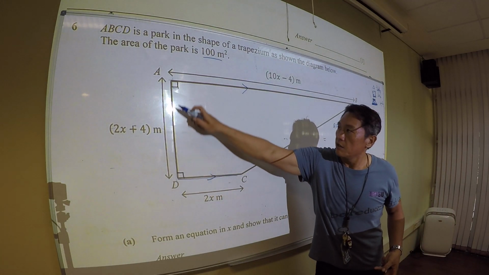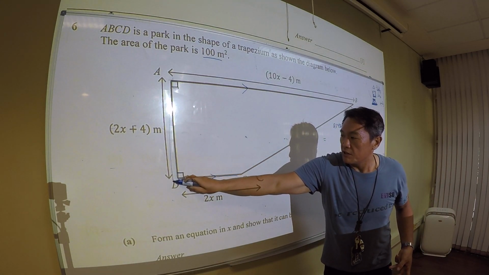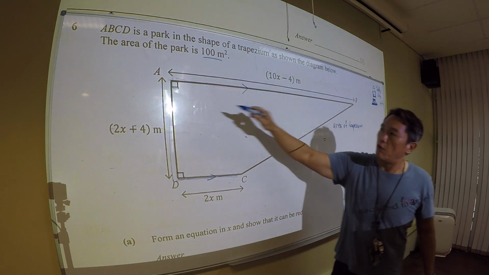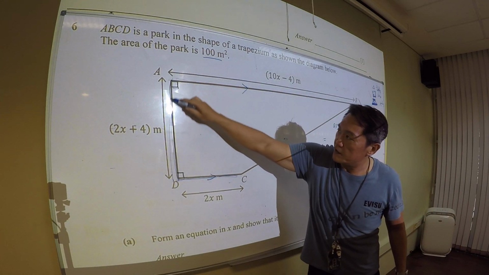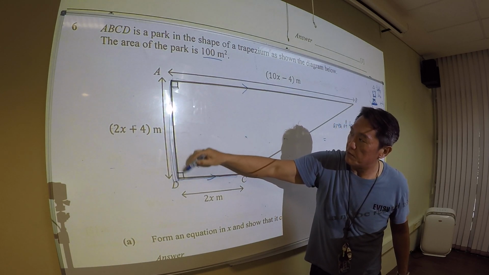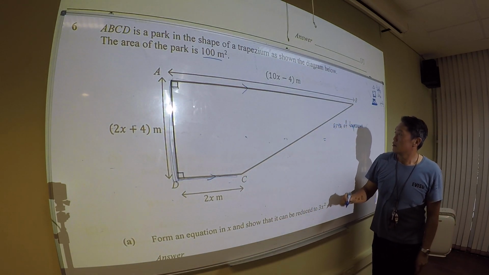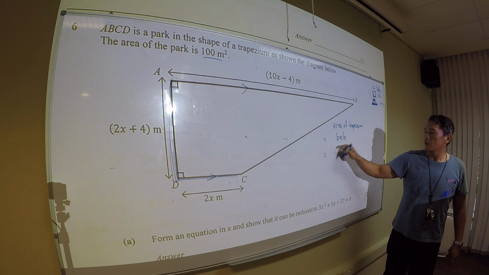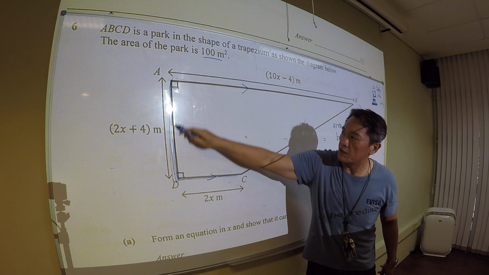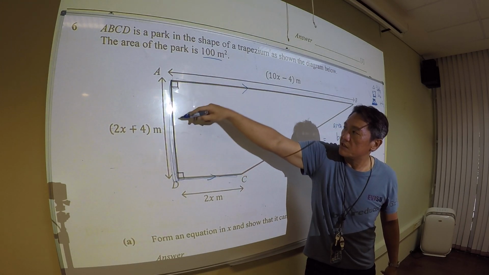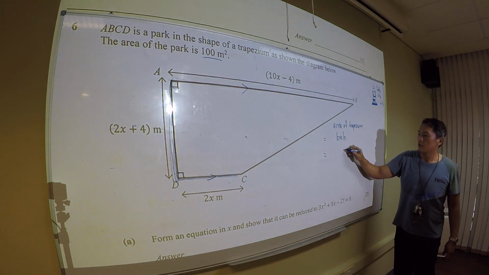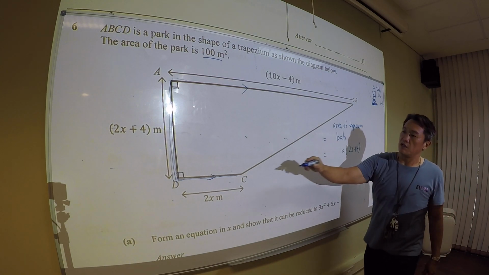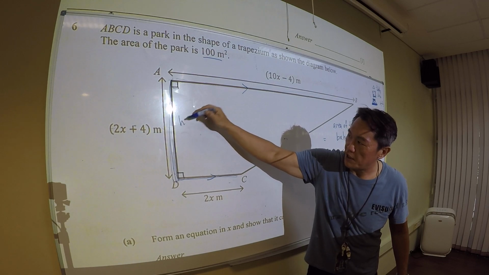We need to find perpendicular distance multiply perpendicular distance. One of the perpendicular distances is definitely this side, which is perpendicular to both sides. So the height itself, the distance between the parallel sides, is 2x plus 4. I will see this as my height.